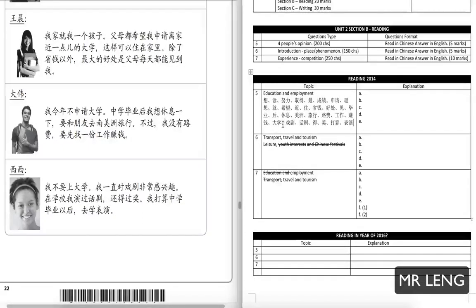Alright, so the last person is: I don't actually want to go to the university because I'm always interested in drama. I've been in a play before, I won some prizes, and I want to go to learn acting after my middle school graduation. Let's take a look at the questions.